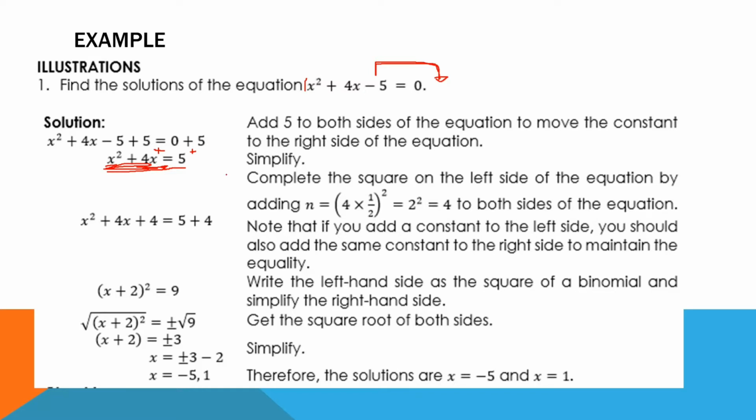So here, to complete the square on the left side, what we are going to do is to square the half of the coefficient. So yung coefficient ng ating linear term ay 4. So therefore, iha-half natin to.